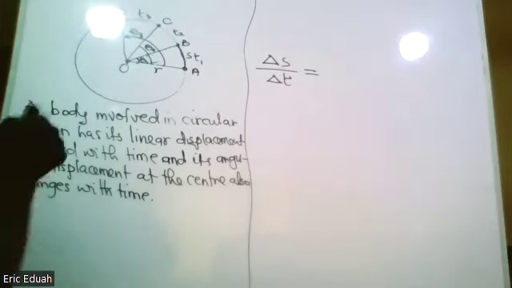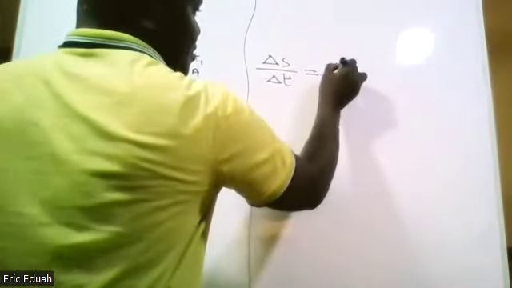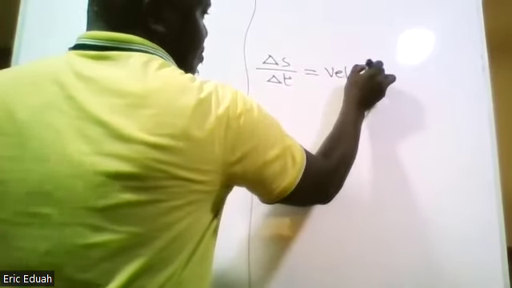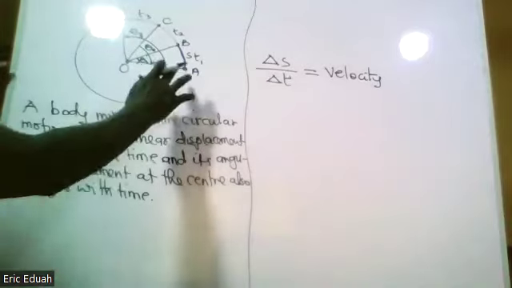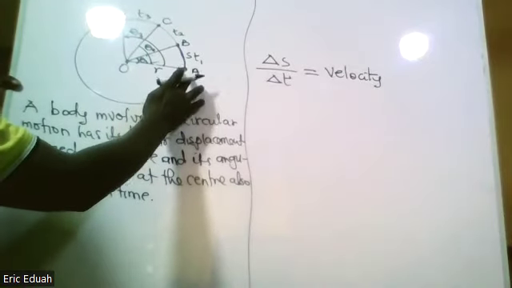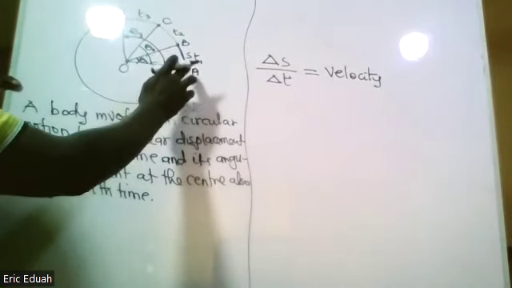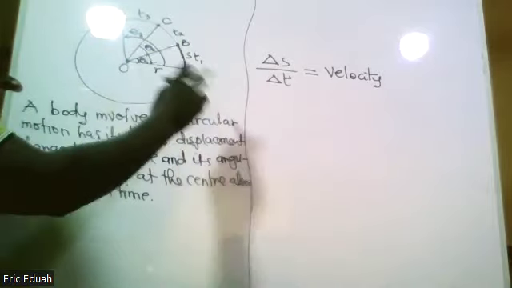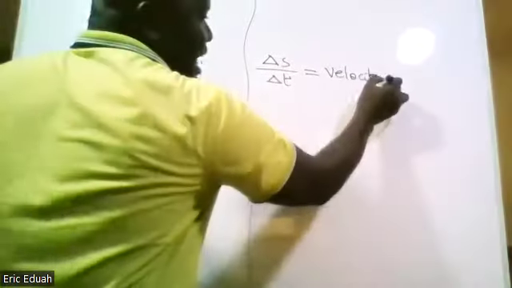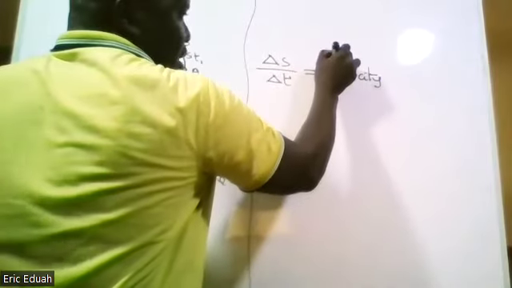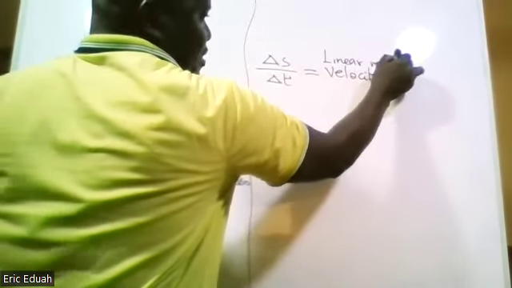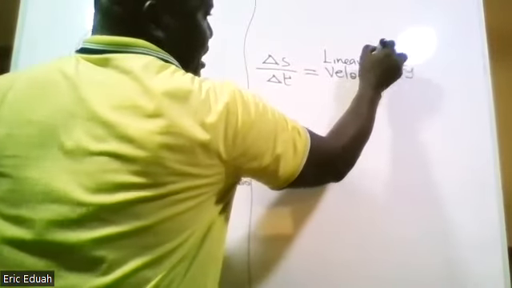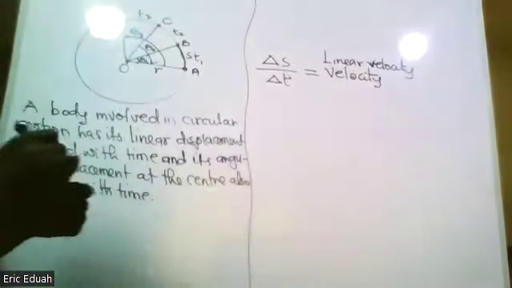So we have velocity. So it means that as the body's linear displacement s changes with time, it amounts to linear velocity v within the circumference.